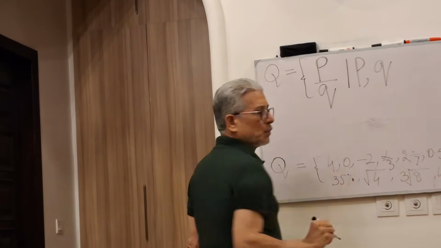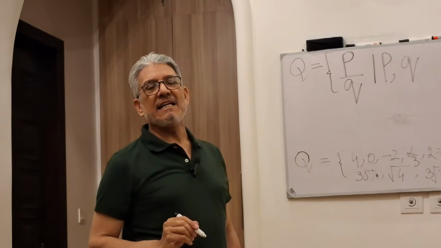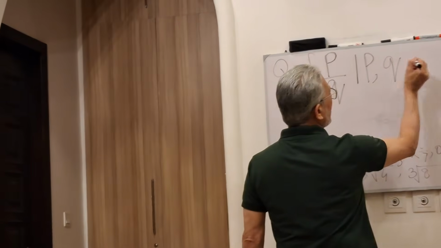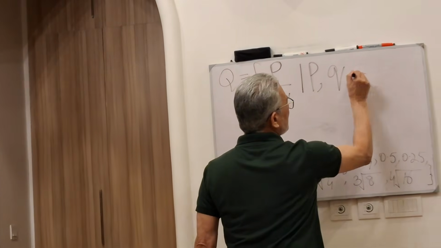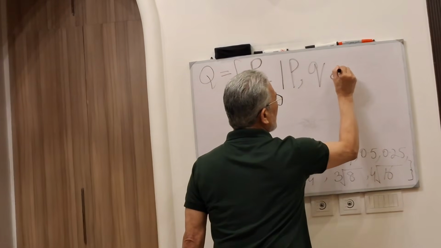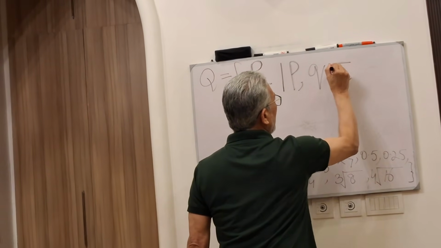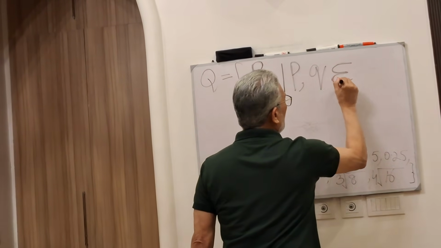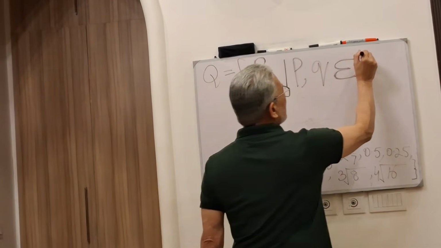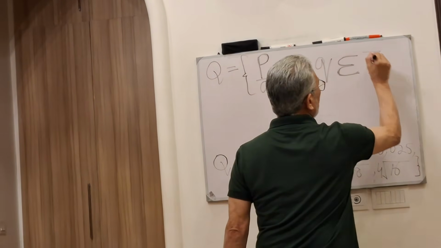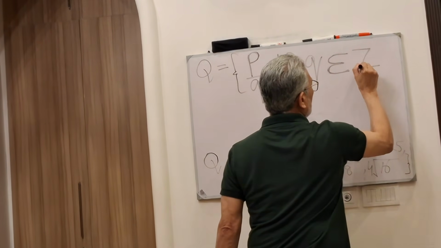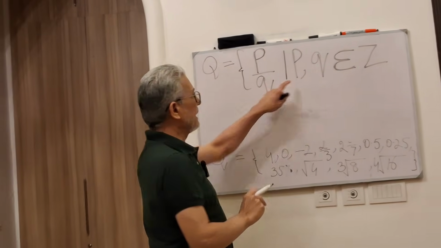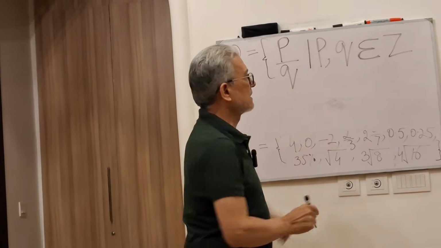P and Q are integers. P and Q belong to, this is the symbol of belong to, integers Z. Yani P and Q are integers.